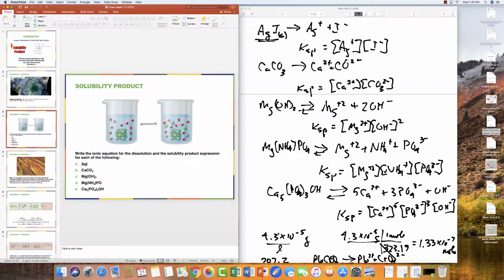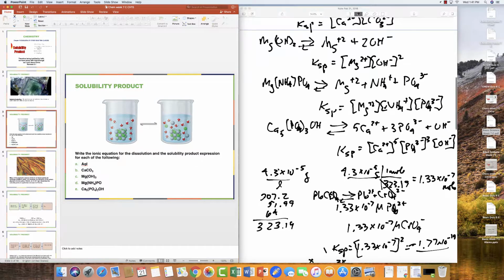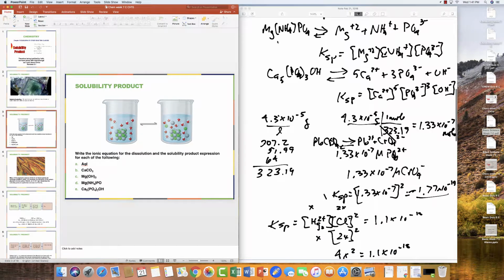The second one, calcium carbonate, gives calcium ions and carbonate ions. The KSP for that will be the calcium concentration times the carbonate concentration. The third one, magnesium hydroxide, gives magnesium ions and 2 hydroxide ions. The KSP will be the magnesium ion concentration and the hydroxide ion concentration squared.